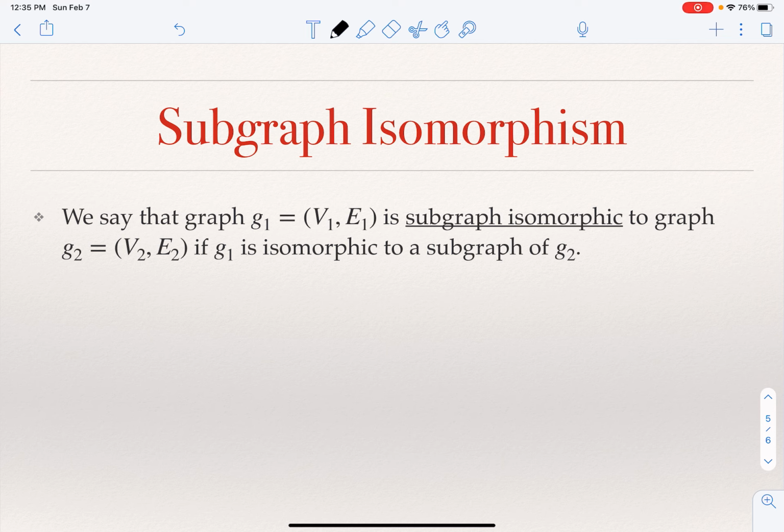Okay, so for example here, let's take G2. Let me draw G2 first.